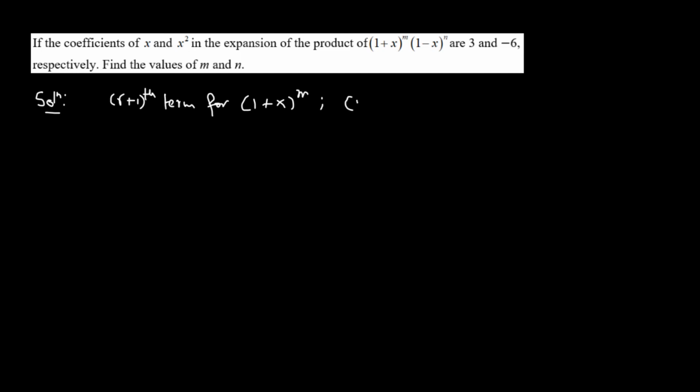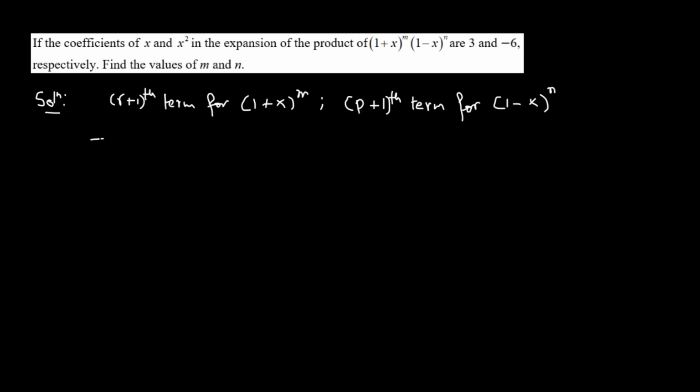And then we find out the p plus 1th term for the second binomial expression, which is (1 minus x) raised to the power of n.